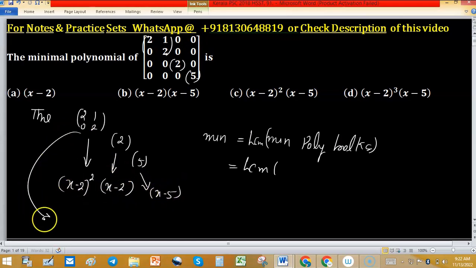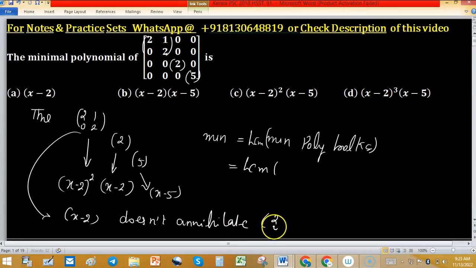The minimal polynomial of the first block could not be x minus 2, because x minus 2 doesn't annihilate this block 2 0 1 2. It means if we put this first block into the polynomial, then we couldn't get 0. That's why it is x minus 2 whole square, because it is an upper triangular matrix and the eigenvalues are the diagonal elements.